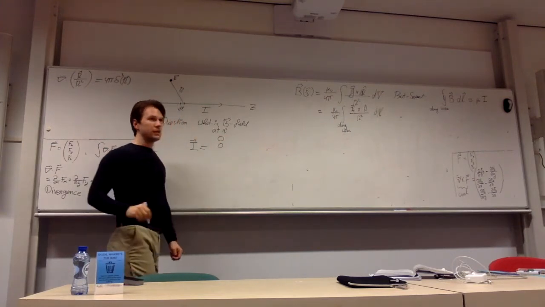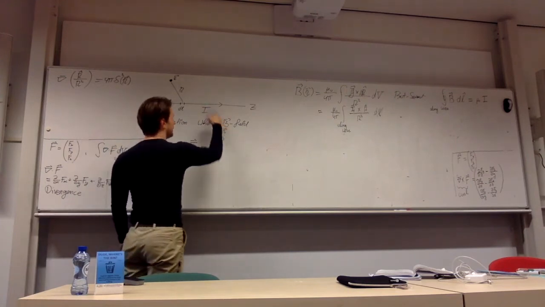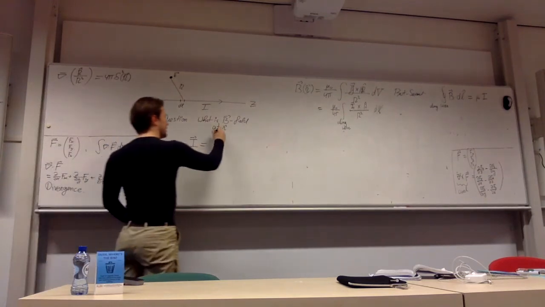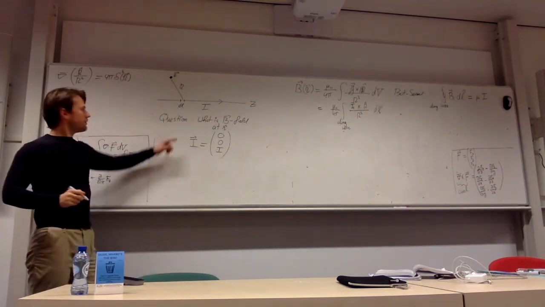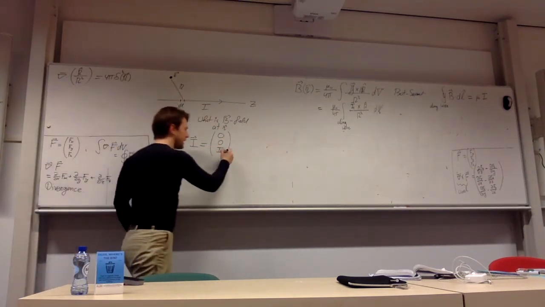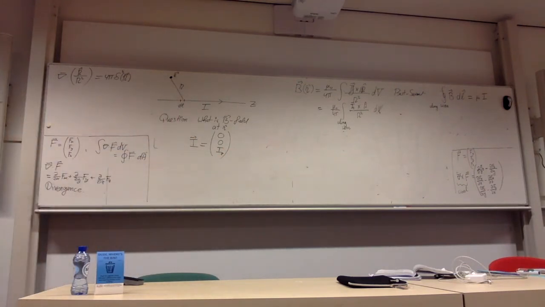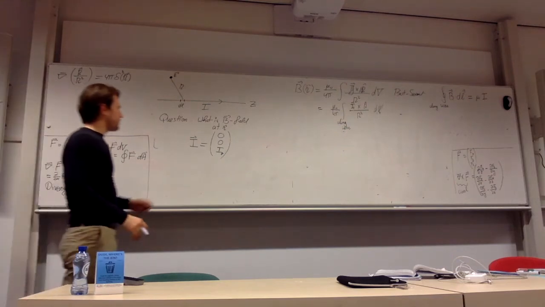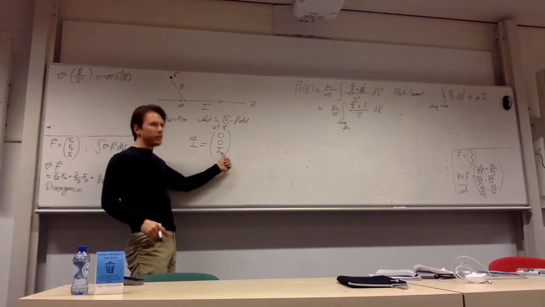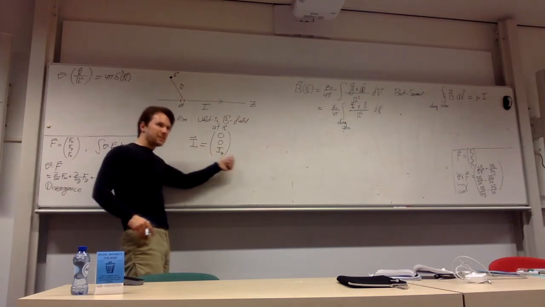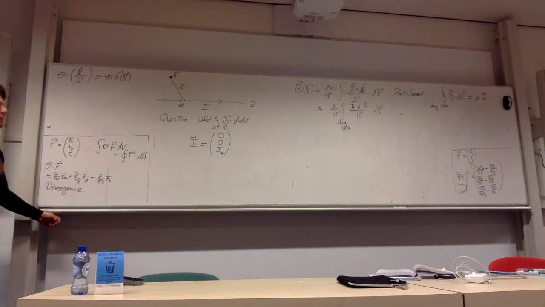It's only moving in the z direction, with the amount I. No vector here. If it's confused you that there's a vector here and a vector there, feel free to write z, as in the amount of current in the z direction. Of course, because there's only one direction, I don't bother. But just to really point out that this is the direction of the vector z. Okay.